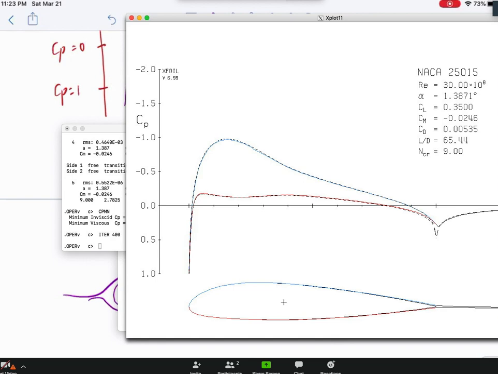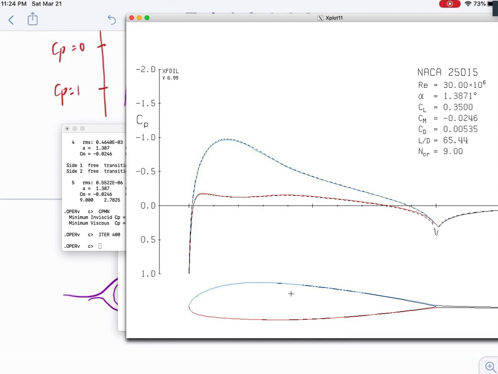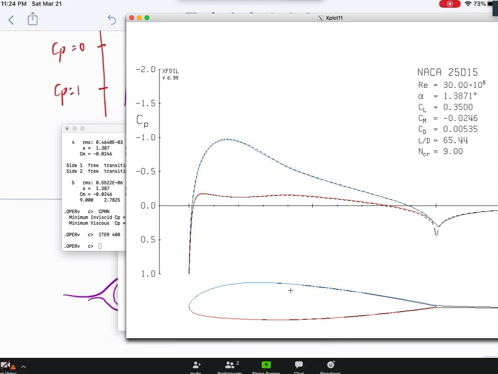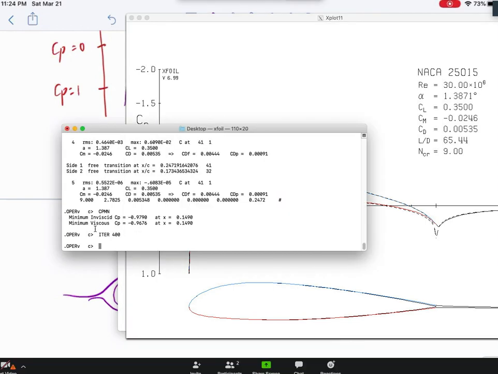So the flow that comes in sees a thicker foil because of the boundary layer. Then it redoes the pressure distribution for that slightly thickened foil, which changes the solution. Then it goes back and runs a new boundary layer. It goes back and forth between these two solvers and hopefully reaches a state where the inviscid and viscous distributions agree. That's what iter does.